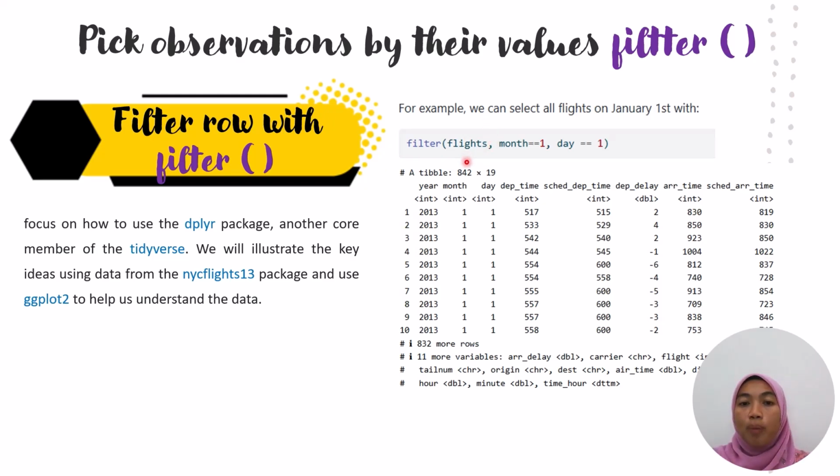Then you call the data, flights, then a comma, month double equal 1, day double equal 1. We select all flights on January 1st: month 1, day 1. And then the result is here.